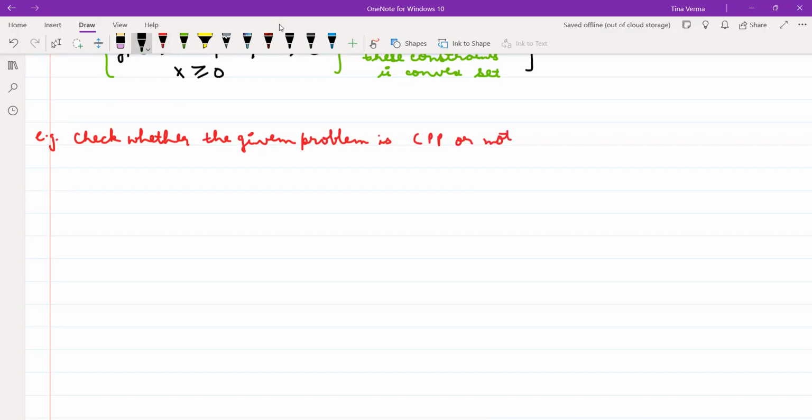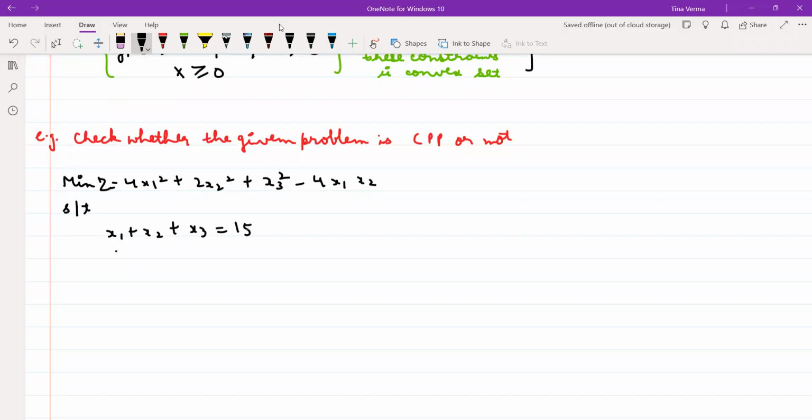Suppose you are given the problem: minimization of z equals 4x1 square plus 2x2 square plus x3 square minus 4x1 x2, subject to the constraints x1 plus x2 plus x3 equal to 15, 2x1 minus x2 plus 2x3 equal to 20, and x1, x2 and x3 greater than equal to 0. So you have to check whether this is convex or not.